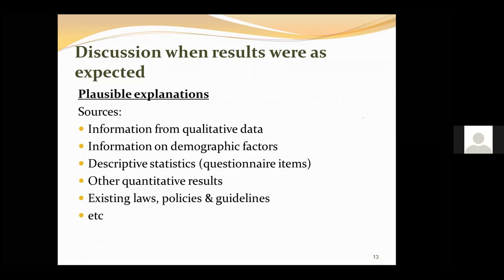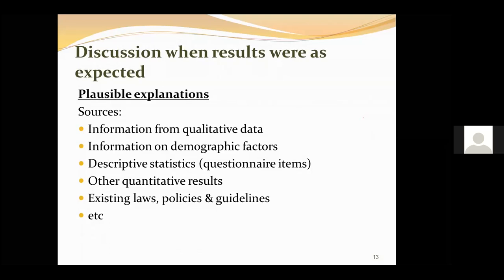Because it is at this point that you go back to your literature review. If your study findings turn out exactly as you expected, progress to discussing alternative explanations for your findings. There are different sources for plausible explanations. For instance, you could make use of information from your qualitative interviews.